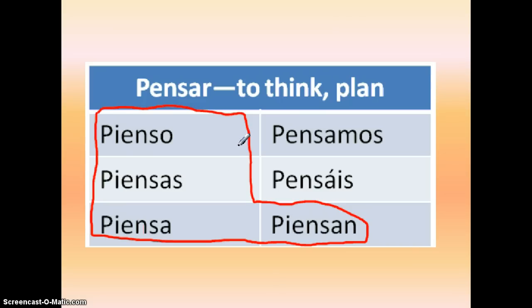We draw shoelaces to show that the X would be next to pensamos and to pensáis, because those two outside of the boot do not change from E to IE. So notice how inside the boot we see pienso, piensas, piensa, and piensan, how they've changed the E to IE in the stem, but not the two that are outside the boot, pensamos and pensáis.